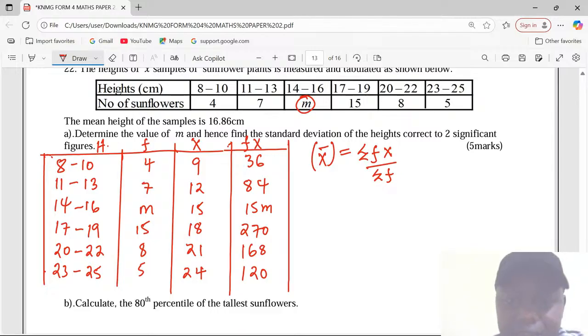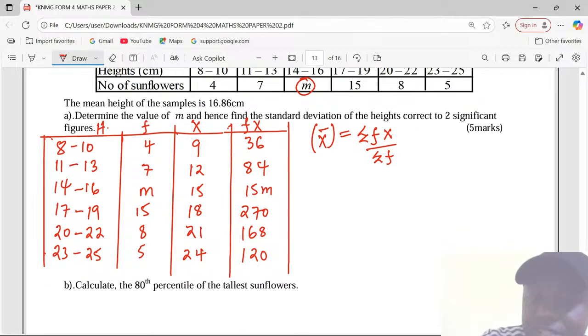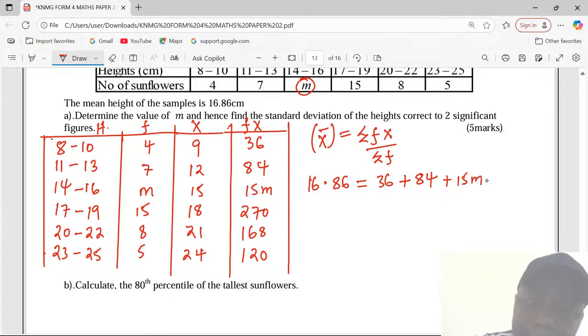So 16.86 equals, we add everything in sum of fx: 36 plus 84 plus 15m plus 270 plus 168 plus 120.